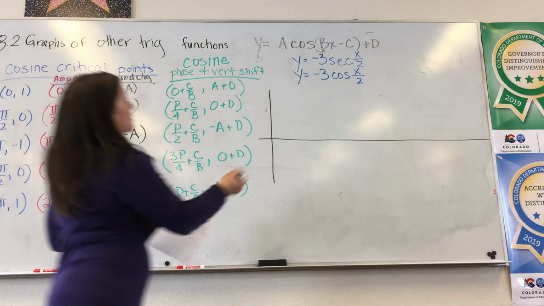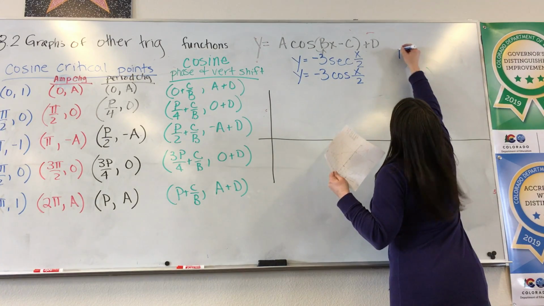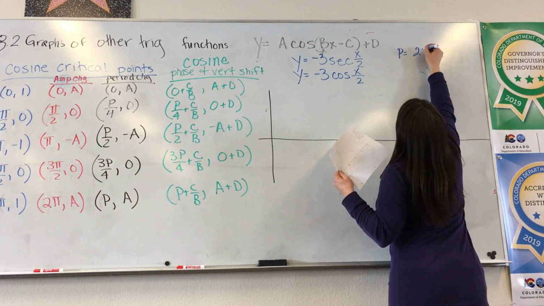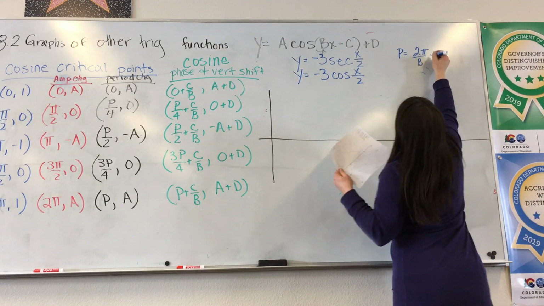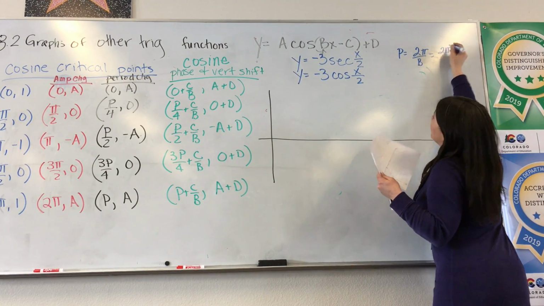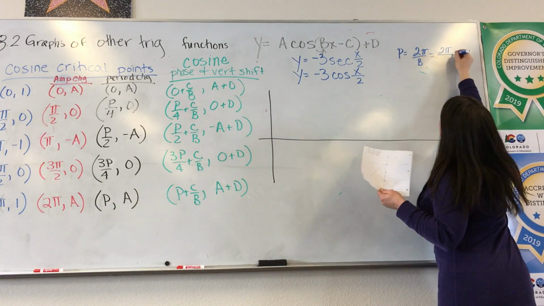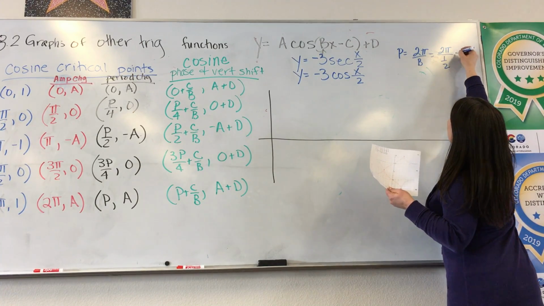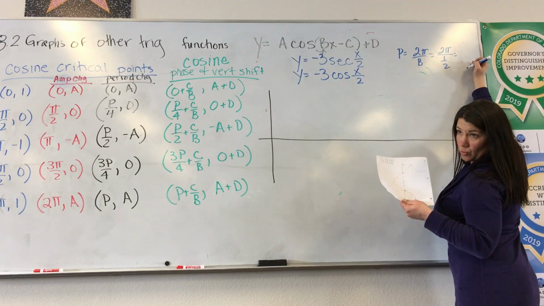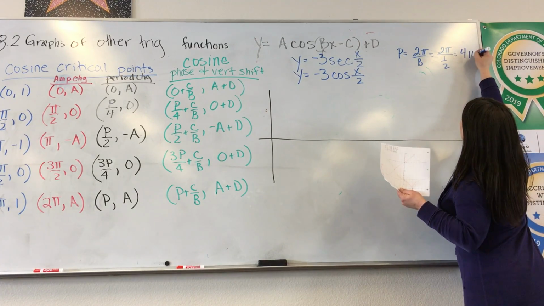The period is 2 pi divided by b. My b value is 1/2, so 2 pi divided by 1/2 is 2 pi times 2, which is 4 pi.